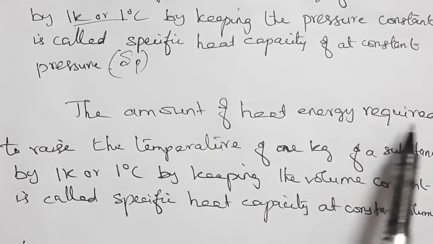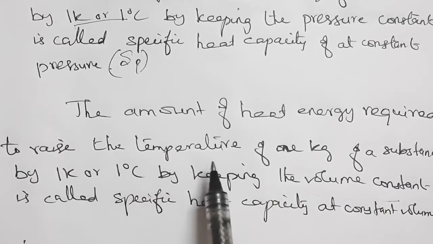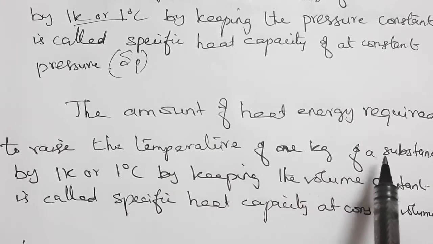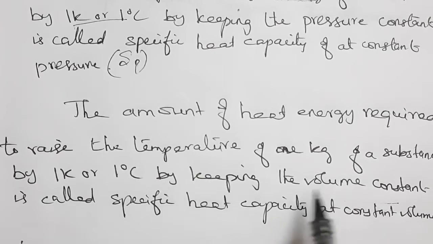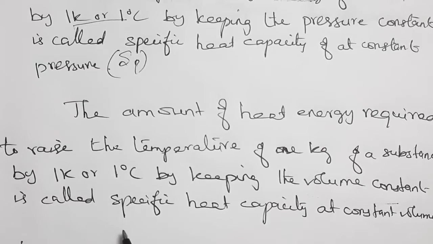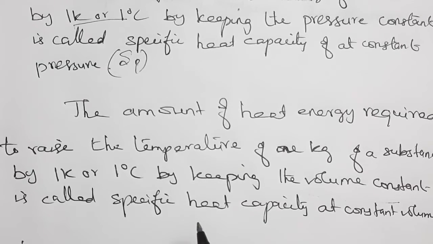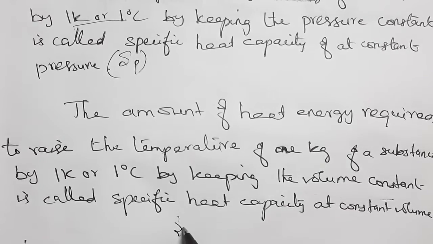The amount of heat energy required to raise the temperature of 1 kilogram of a substance by 1 Kelvin or 1 degree Celsius by keeping the volume constant is called specific heat capacity at constant volume. This is denoted by Sv.